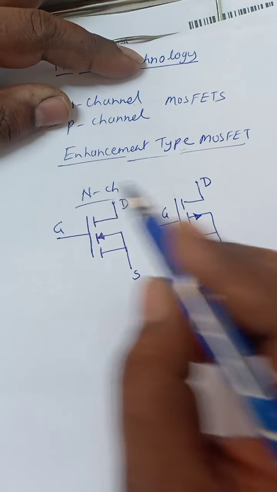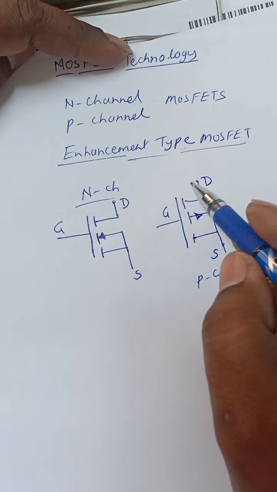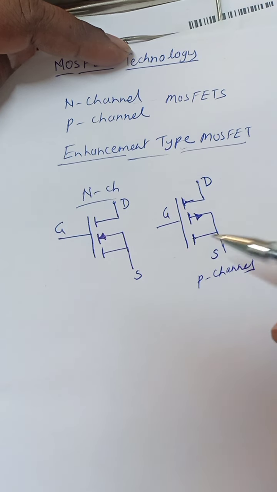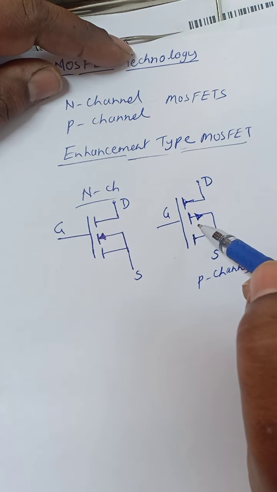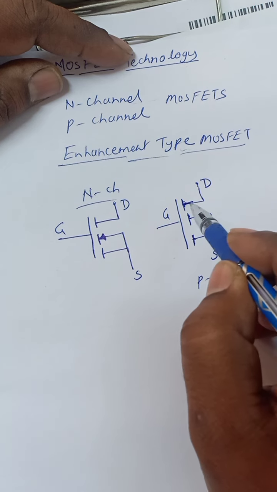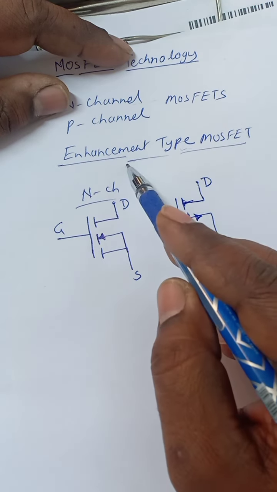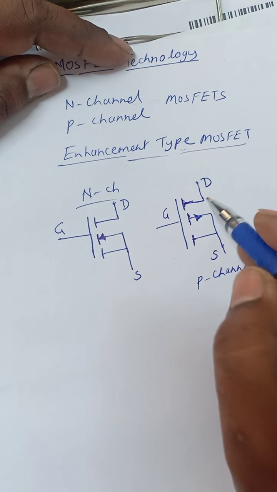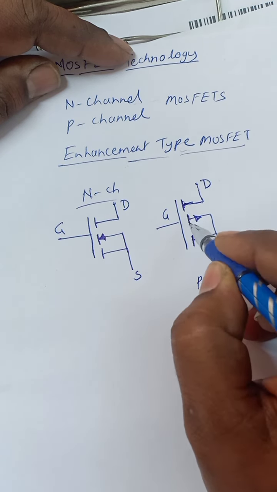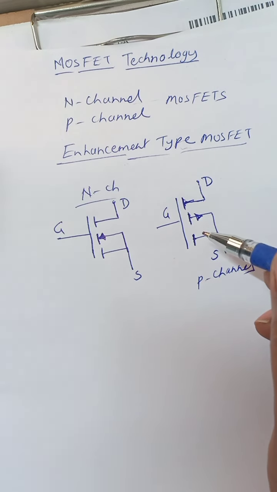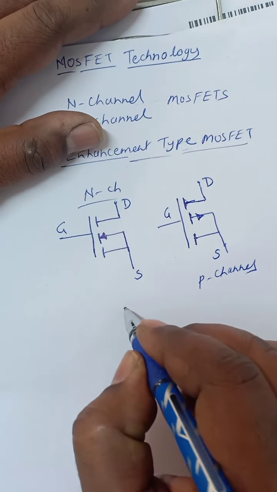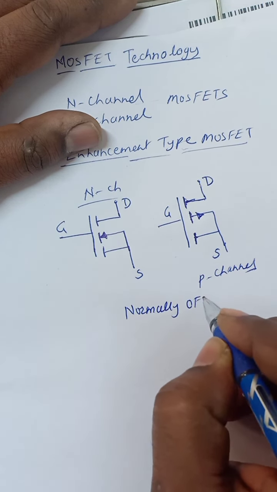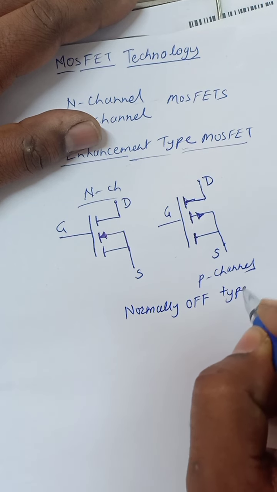These are the symbols. The dotted line here indicates there is no channel present. That's why it is an enhancement type MOSFET. There is no inversion layer or channel present. So that's why it is known as a normally off type MOSFET.